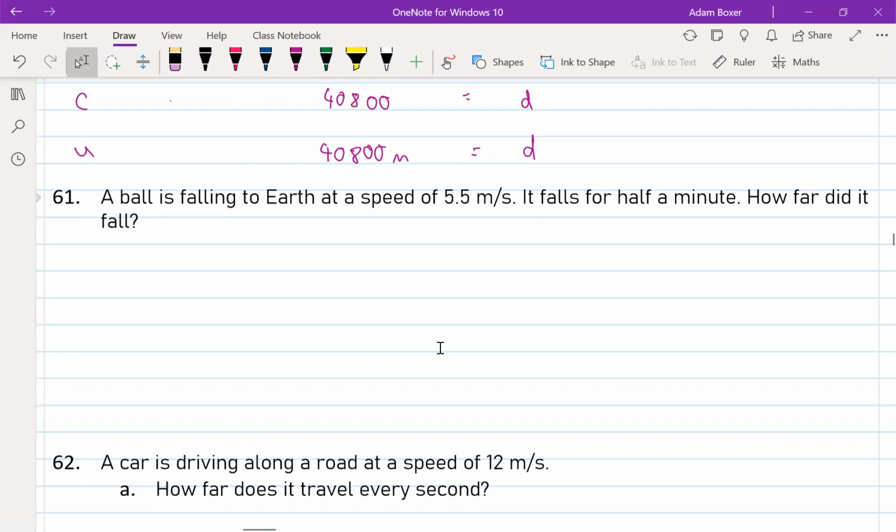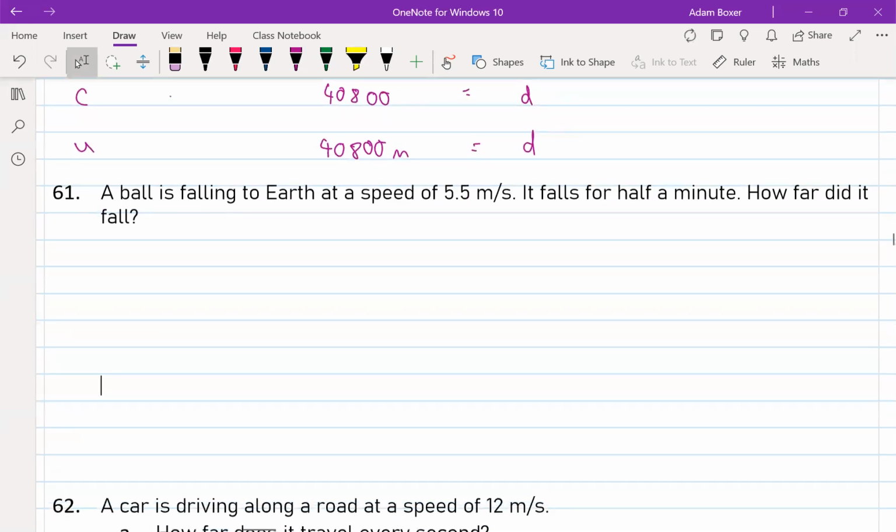61. Right, a ball is falling to Earth at a speed of 5.5 meters per second. D, E, S, C, U. Data. I want S for speed, 5.5 meters per second.